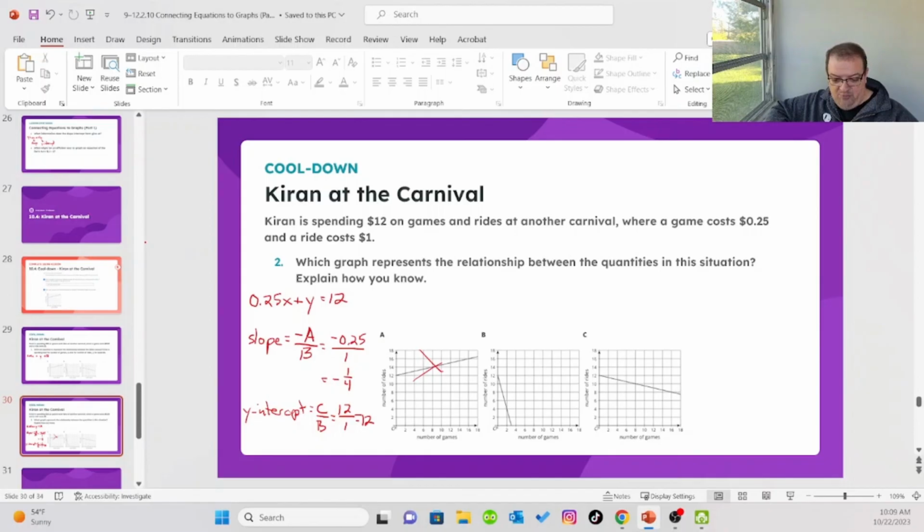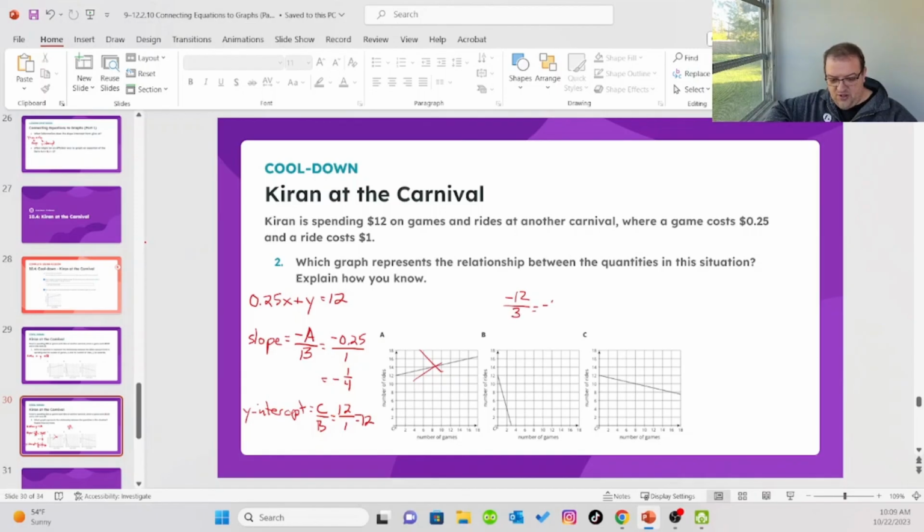Now if we look at B, this one is going down, and C is also going down. But this goes from 12 to 0, a change of negative 12, as x goes from 0 to 3.